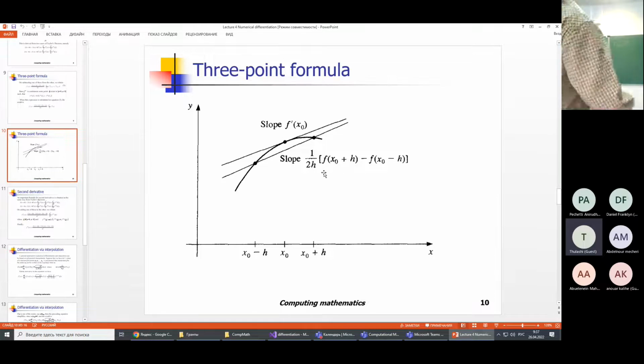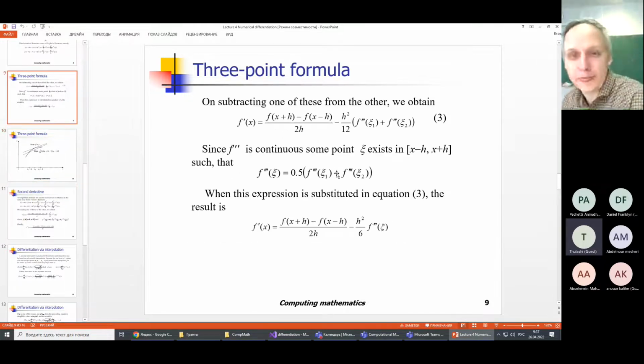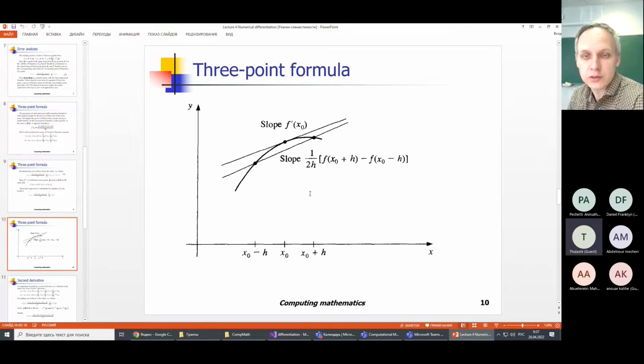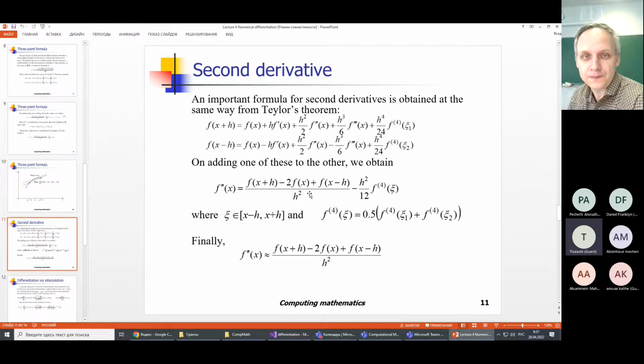That's why this formula is called the 3-point formula, and the other formula is called the 2-point formula or forward difference formula for numerical differentiation.